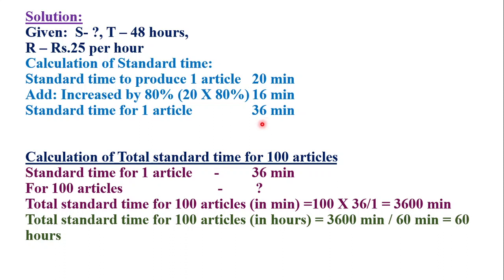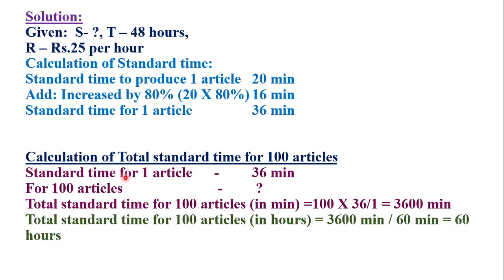Now what is the output that is given? That is 100 articles. Now we are going to calculate the standard time for 100 articles. Here we have calculated only for one article, but we require standard time for 100 articles.